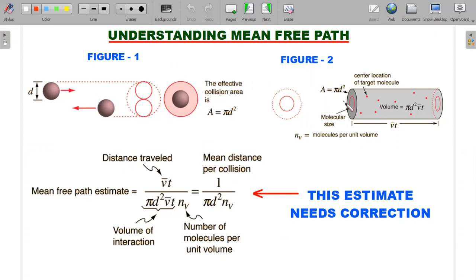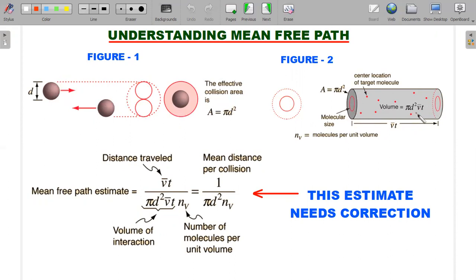Coming to figure 2, on the cross-section circle, I should say circle, not sphere, pi r squared, there is a cylinder of collision within which a lot of other molecules are there, and this molecule goes and hits them. In the volume where the molecule travels for time t seconds, assume the molecule started here, and after t seconds it has traveled a distance v times t, it would have hit all the molecules in this cylinder.